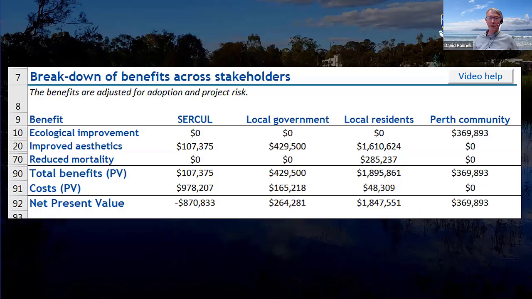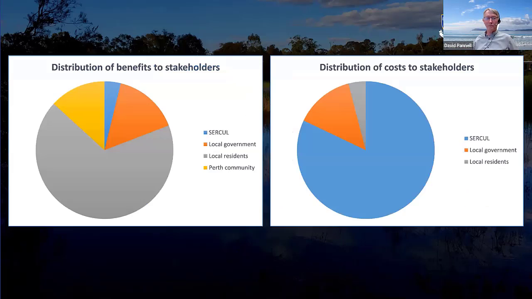So here are 4 different beneficiary groups or cost incurrers, and I've got 3 different types of benefits, and I've indicated who benefits, and I've indicated who bears the costs as well in the second bottom line, and I've indicated the net present value for each of them. All right, so I think that meets the requirement. It's probably wise to do that for most projects. Your decision makers or your agencies will consider that helpful.